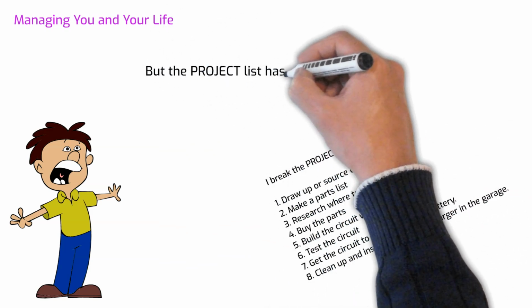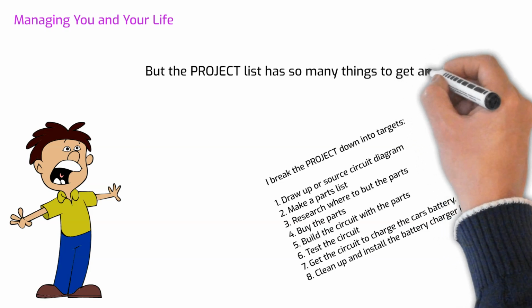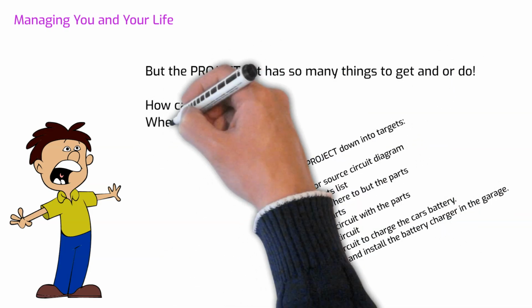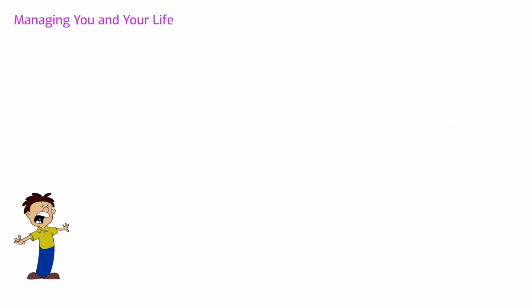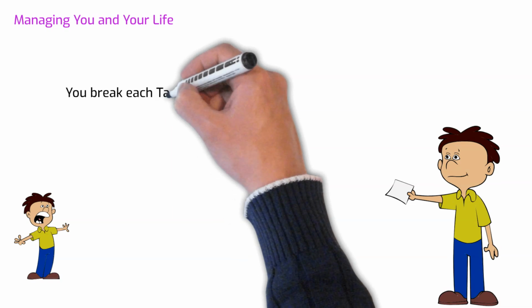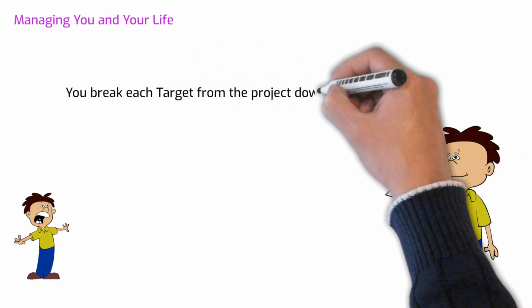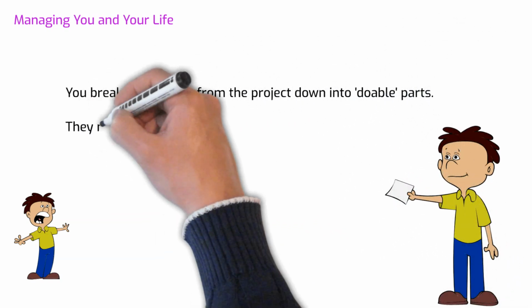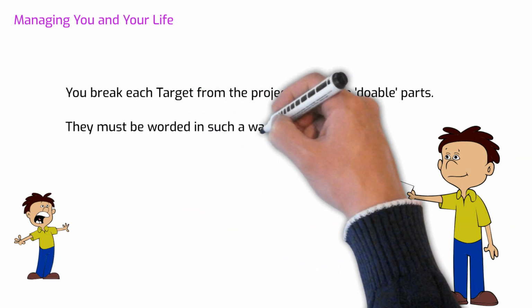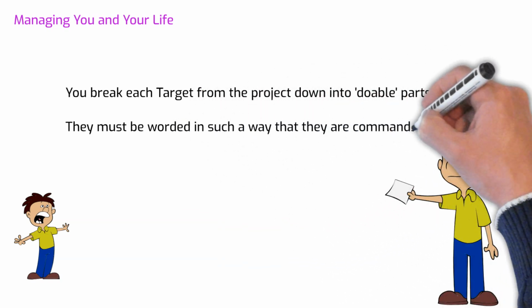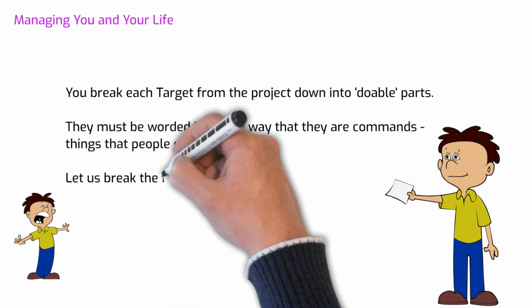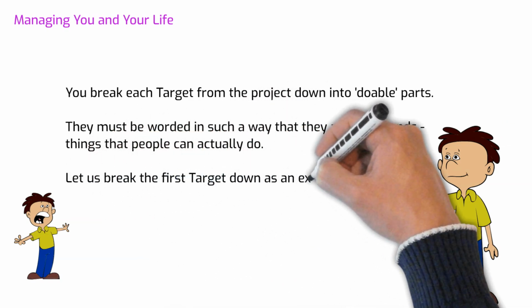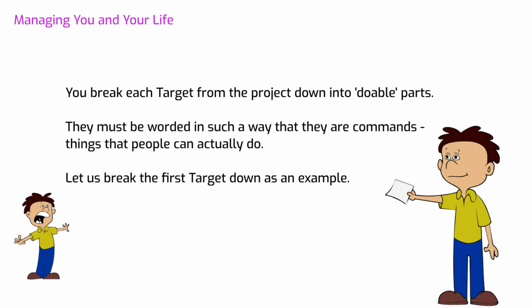But the project list has so many things to get and or do. How can I start? Where do I start? You break each target from the project down into doable parts. They must be worded in such a way that they are commands, things that people can actually do. Let us break the first target down as an example.